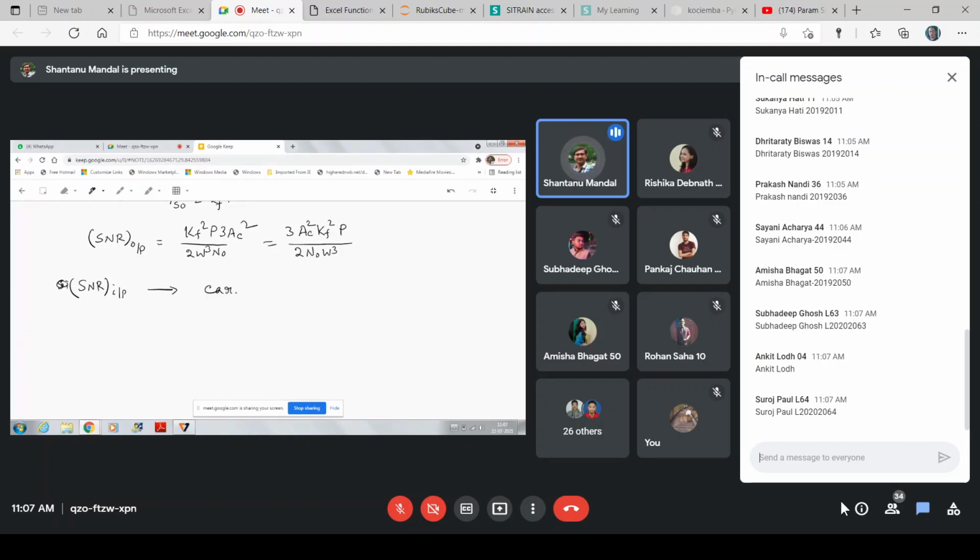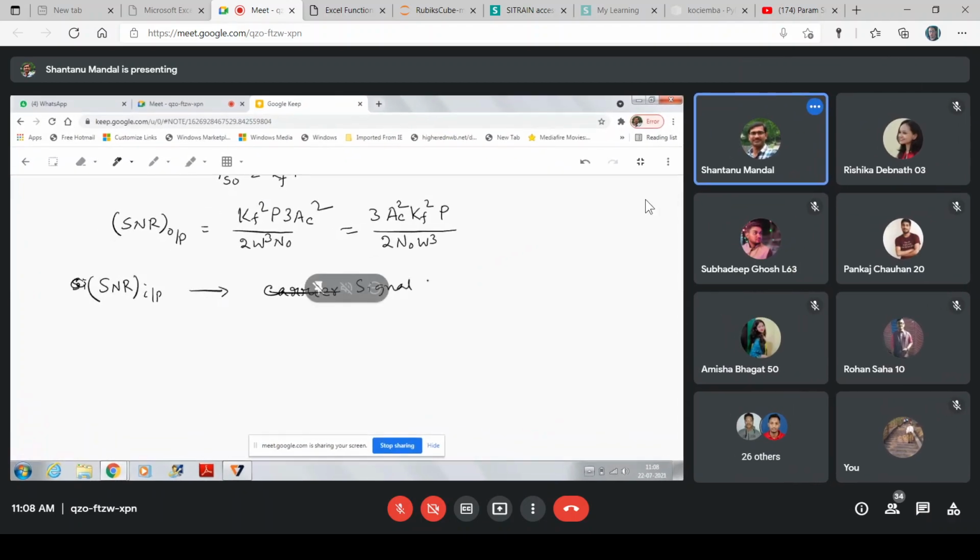So the input signal power is equal to AC square by 2.